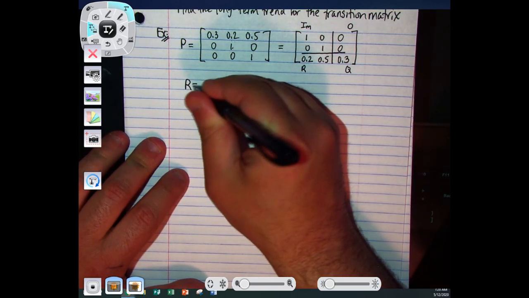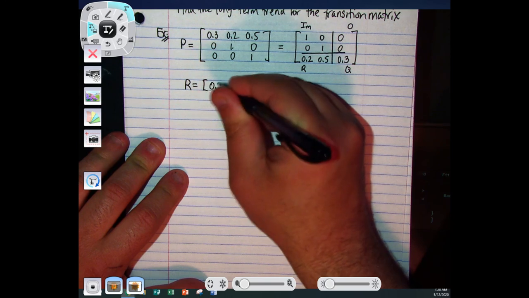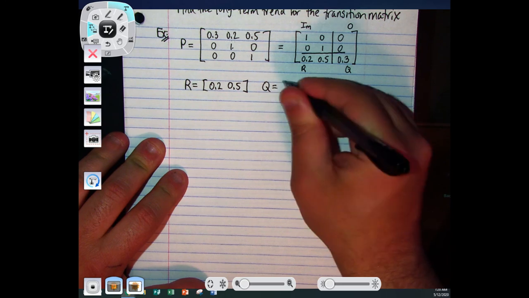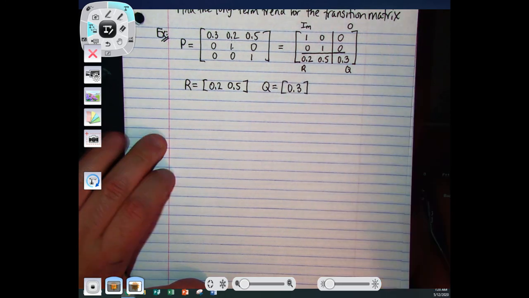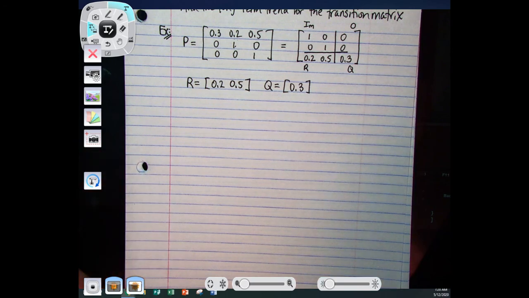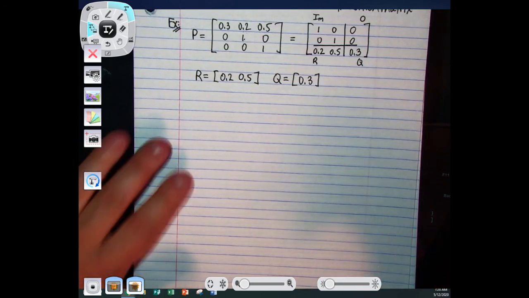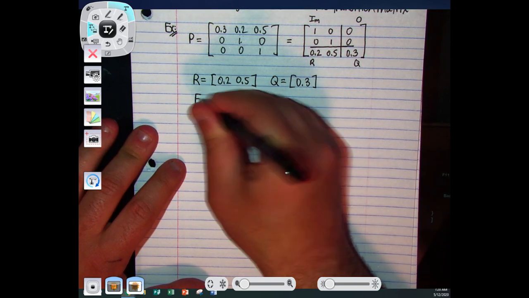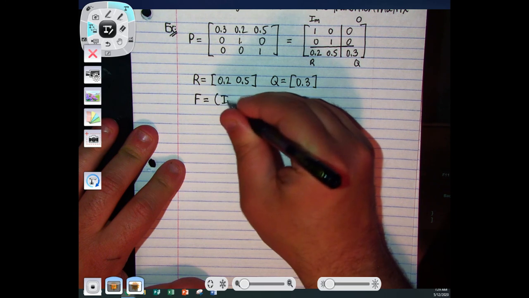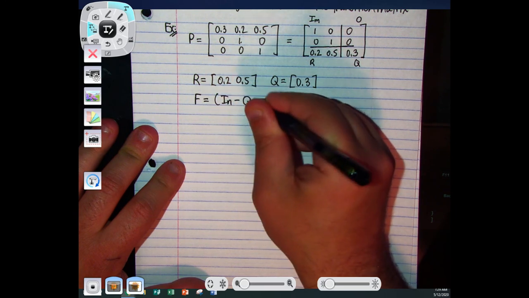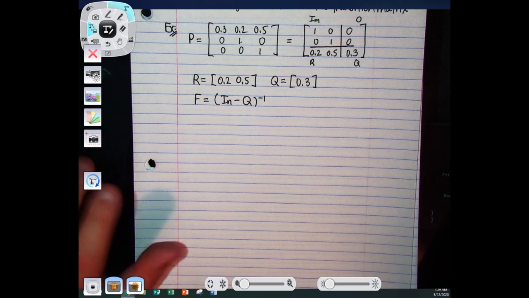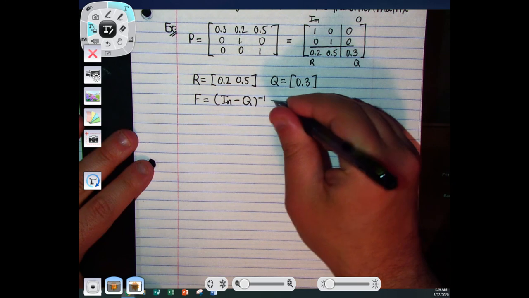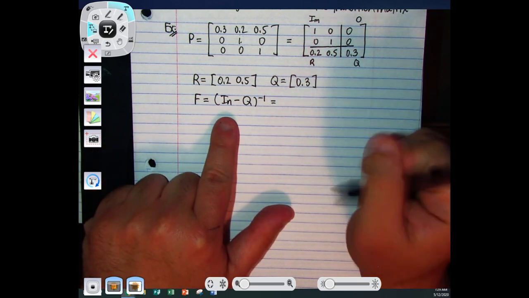So we know that R is equal to the matrix 0.2, 0.5. And we know that Q is equal to 0.3. Now that we've set that up, we can find the fundamental matrix. So now we can say F equals I of N minus Q, and we take the inverse of that. Well, notice that we've only got one entry here.